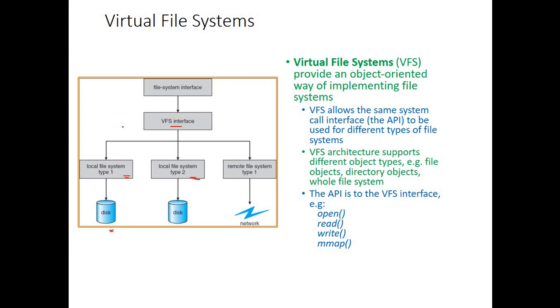So the VFS will provide the same uniform interface to all the file systems irrespective of the type of the file system followed. It will give common APIs like open, read, write and memory map. These common APIs will be provided by this virtual file system interface to provide uniform access to different file systems.